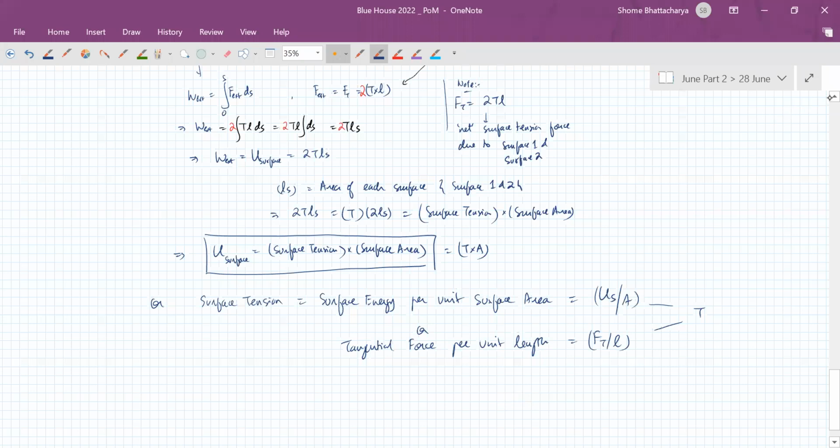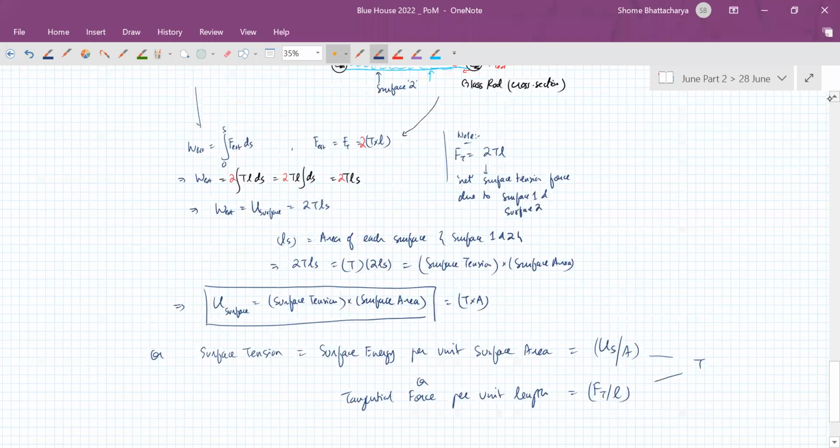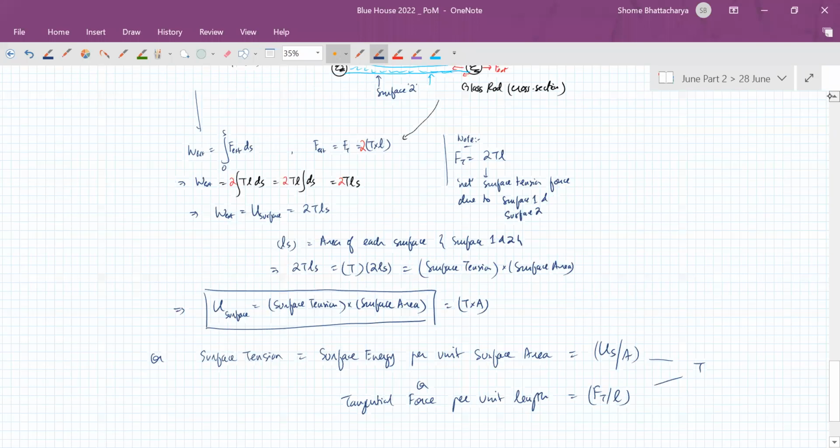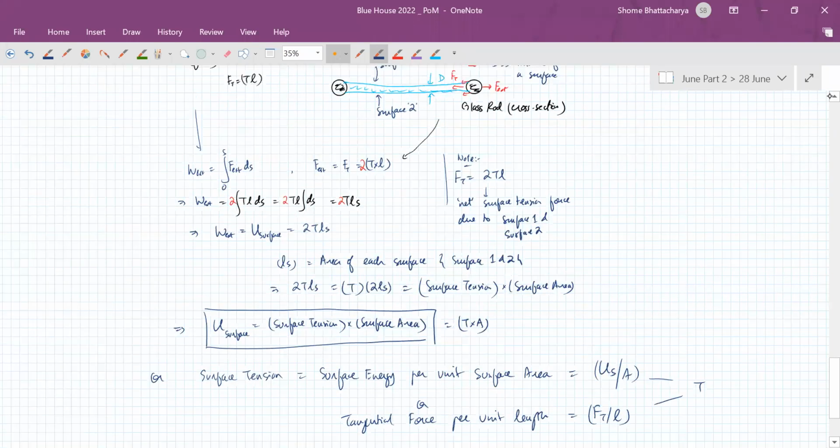So as I was telling you earlier, there are two alternate ways of defining surface tension mathematically or as a physical quantity in terms of other physical quantities. And that is force per unit length or energy per unit area.